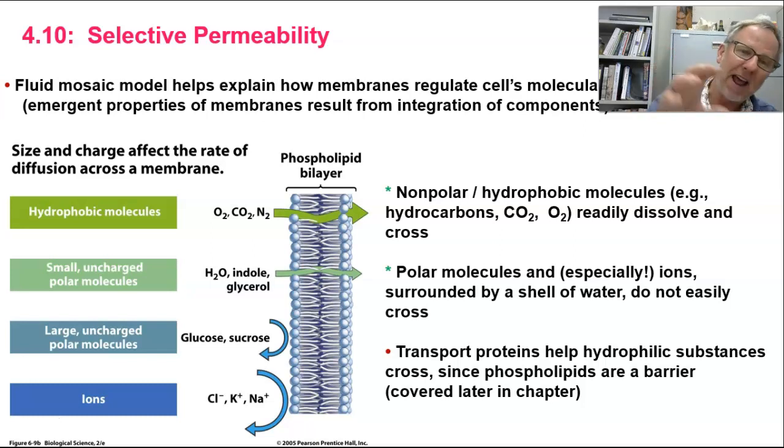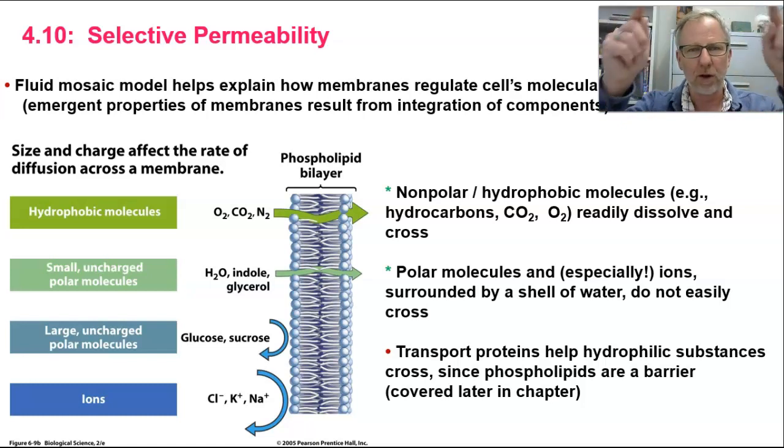Okay, well now let's take a close look at what can cross our phospholipid bilayers and what cannot. Really know this. First, nonpolar hydrophobic molecules like hydrocarbons, carbon dioxide, oxygen, those are nonpolar and hydrophobic. They readily move through the phospholipids.